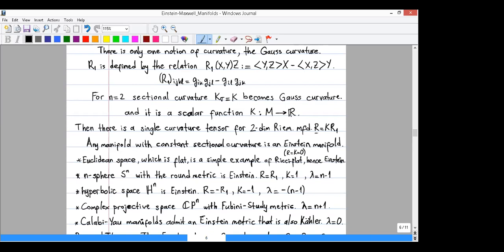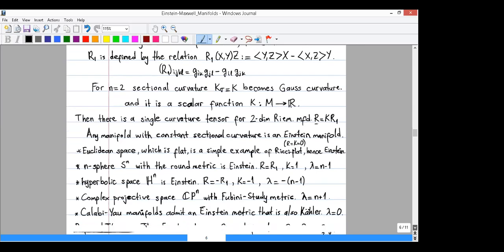Any manifold with constant sectional curvature, for example if this is constant, then according to our definition, R becomes some constant lambda times G mu nu. In this case, it becomes just R1. Constant sectional curvature is an Einstein manifold.